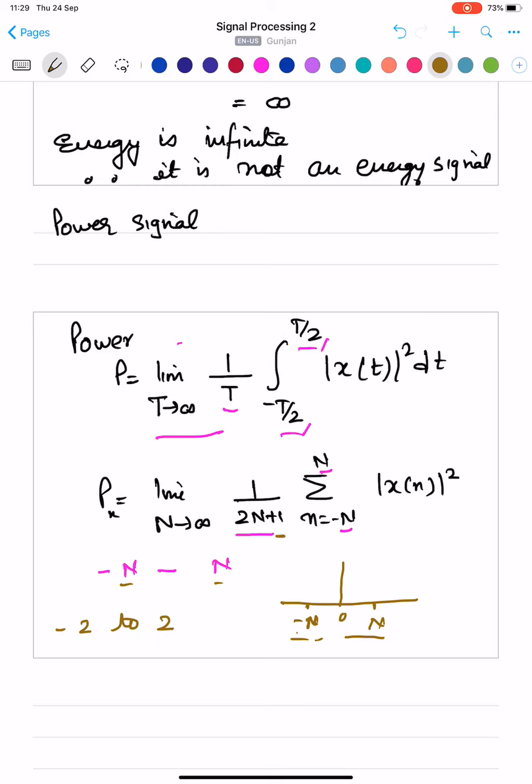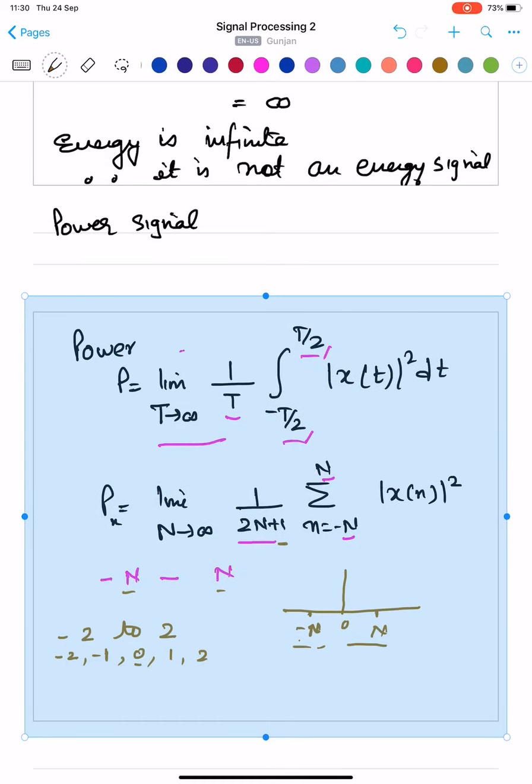The points are minus 2, minus 1, 0, 1 and 2. So the total number of points is 5. So it is 2 times 2 plus 1, which is due to this 0 here. Hope you understand this.